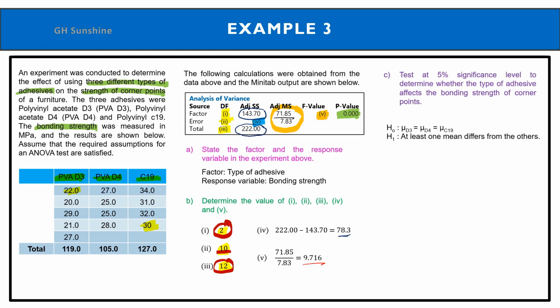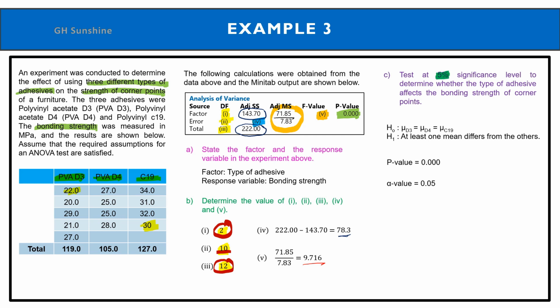So first step, set up the H0 and H1. So H0 mu D3 equal to mu D4 equal to mu C19. H1 at least one mean differs from the others. Then state the P value equal to 0.000. Next step, what is the alpha value? 5%.